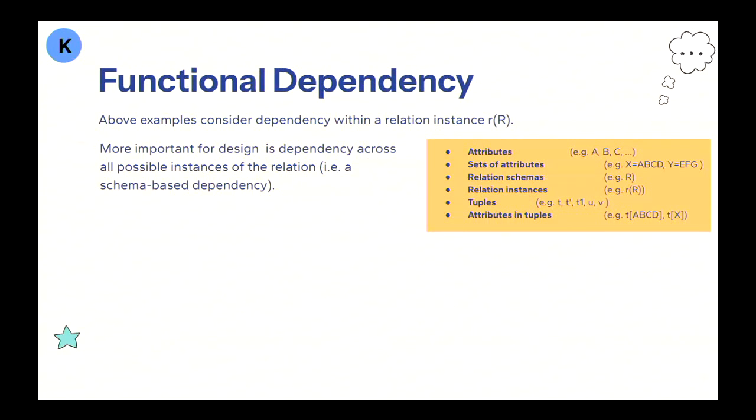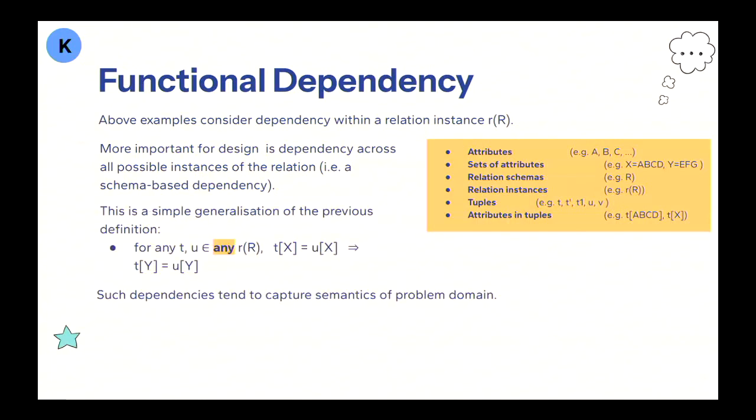And in the above examples, we considered the dependency within a single relational instance. However, in the real world, in practice, we have dependencies across multiple instances of the relation.